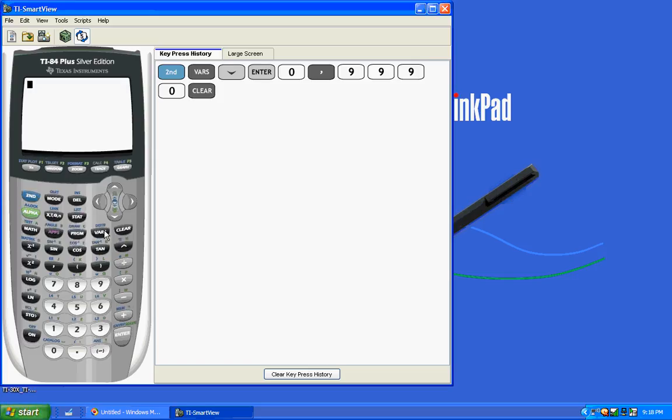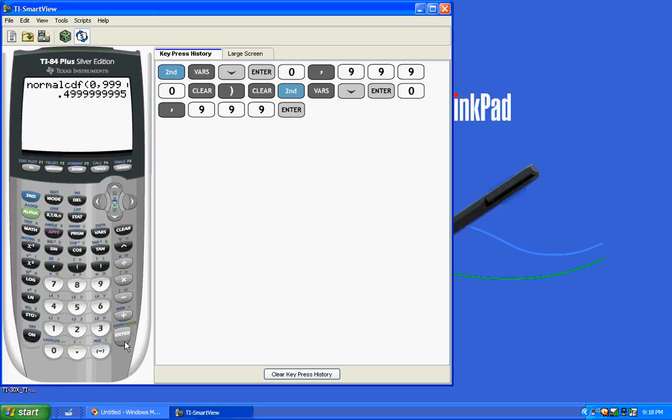And because it's a calculator, it generates this value algorithmically, I believe, so we might not get 0.5 exactly, but let's see what happens. So it's right of 0, so 0 to 99 or 999, and that gives us, and that's pretty much 0.5, 0.49999. So that's that 0.5 we were expecting.